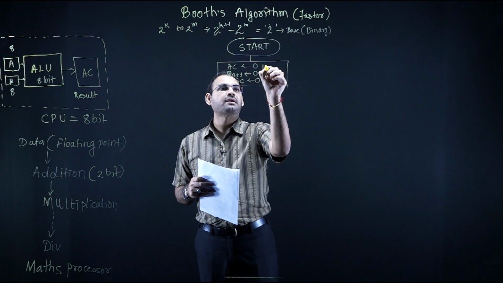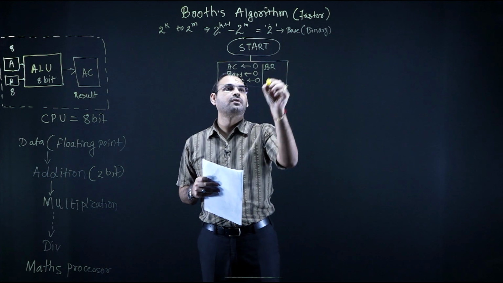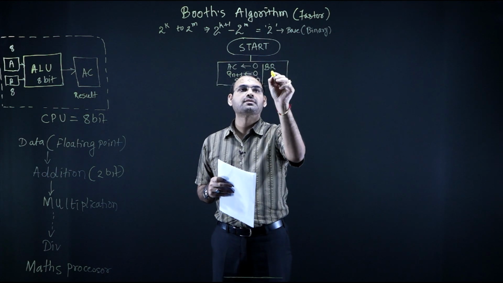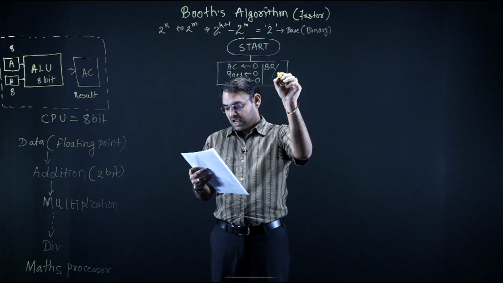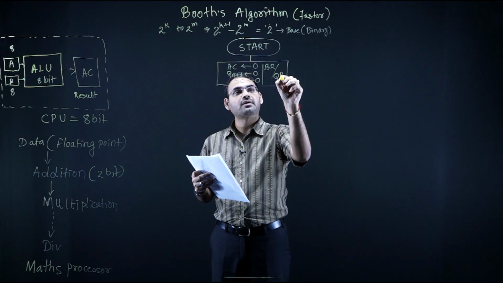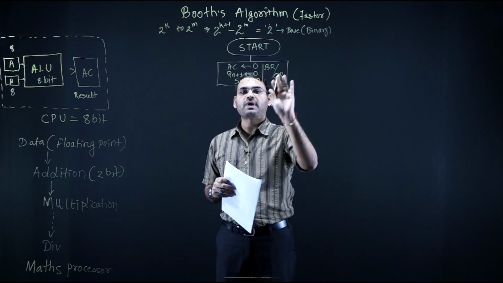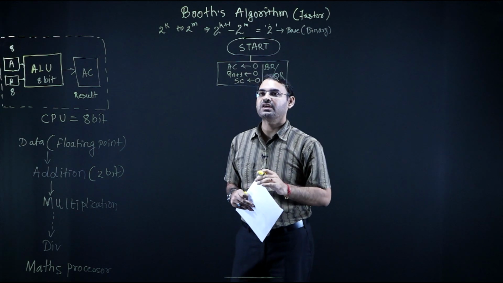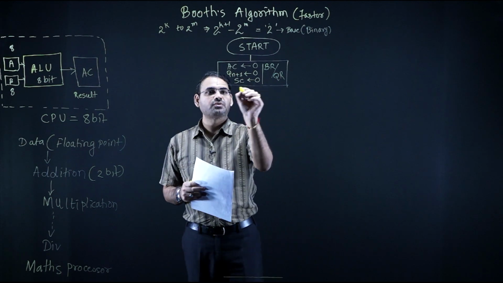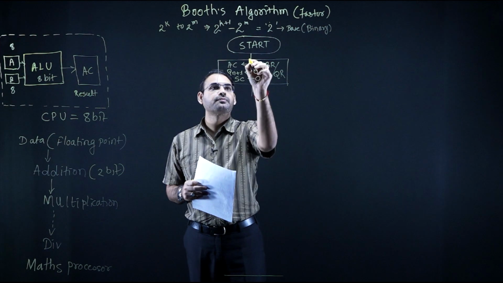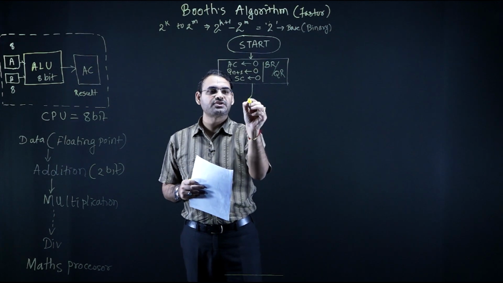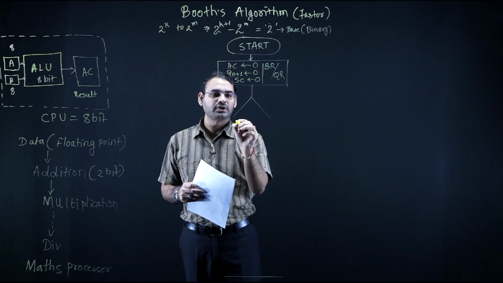Next is my BR as the multiplicand, and then I require QR as my multiplier. These two values I repeat once again, and then I ask the system a question, that is, the decision to be taken.